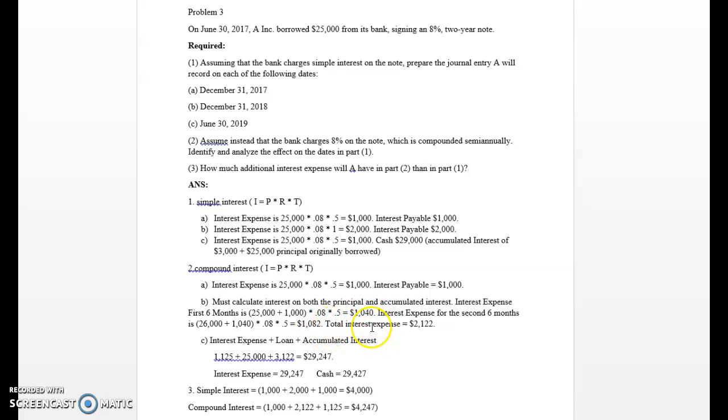And then the total interest expense for that entire year of December 31st, 2017 to December 31st, 2018 is going to be $2,122. So in your journal, interest expense goes up $2,122, and interest payable, same thing, $2,122.